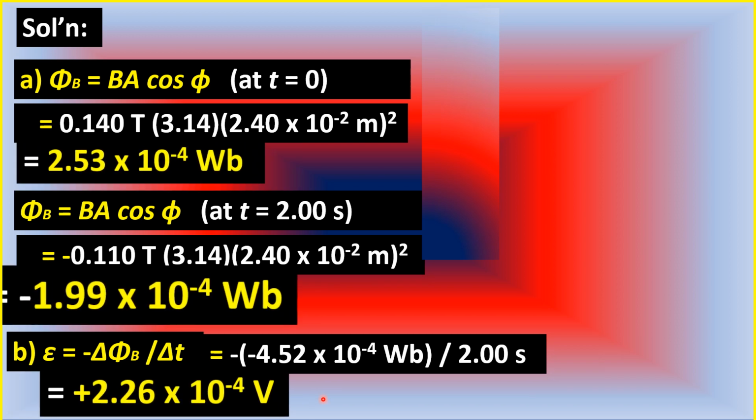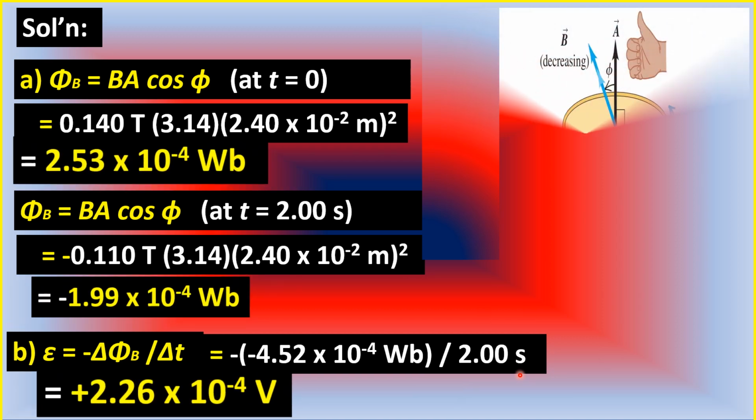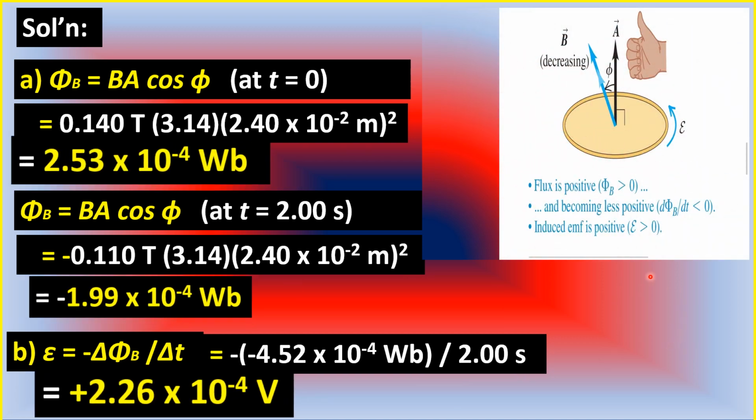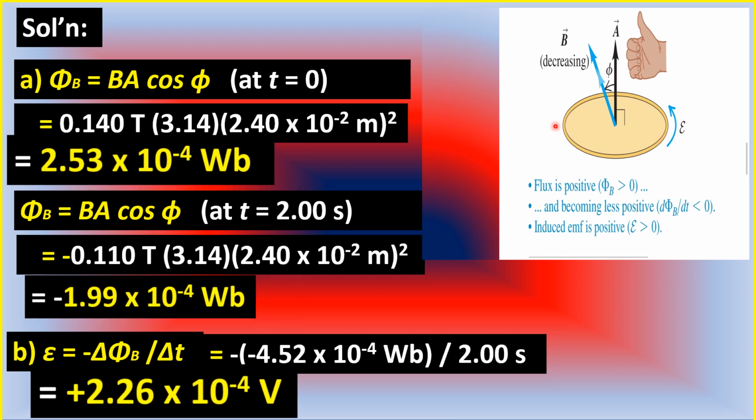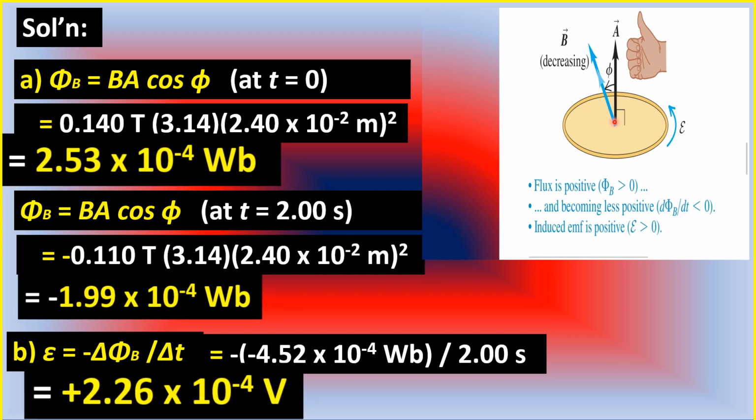Now, going back to our illustration, where we have the circular loop lying on the XY plane, the direction of the magnetic field, capital B, is towards the positive Z axis.